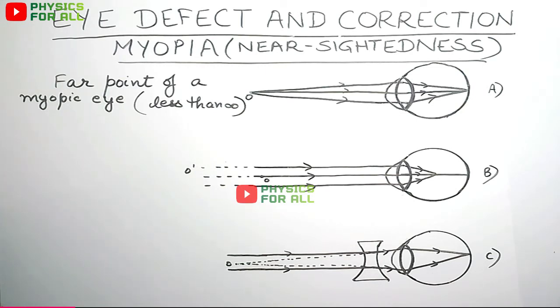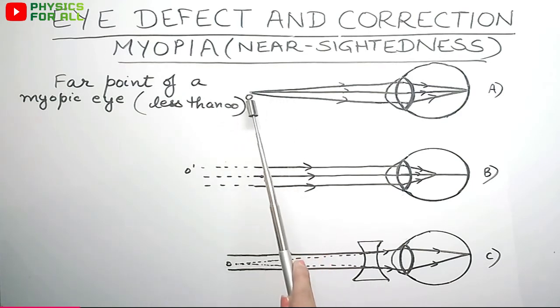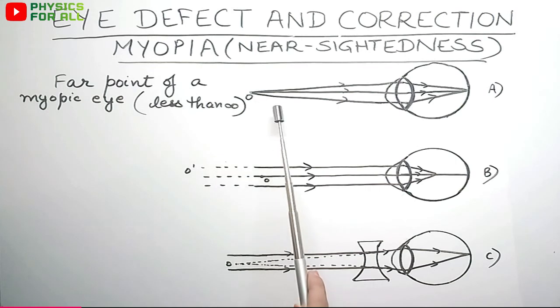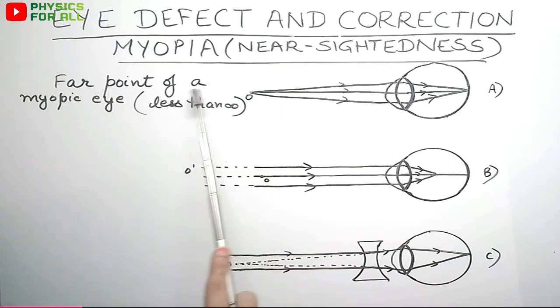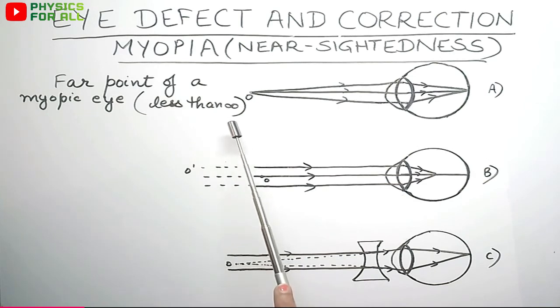So its far point decreases. Here we have shown that light rays are coming from a point O, which is definitely not infinity. So the far point of a myopic eye is basically less than infinity.